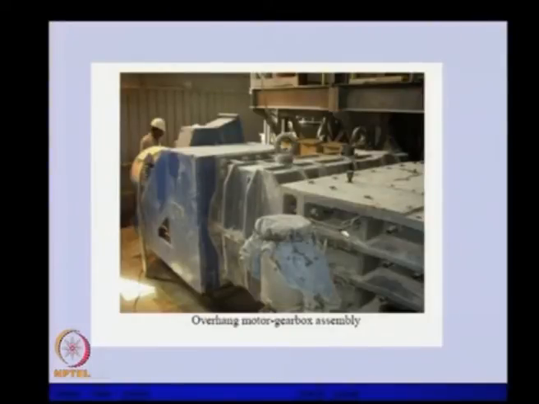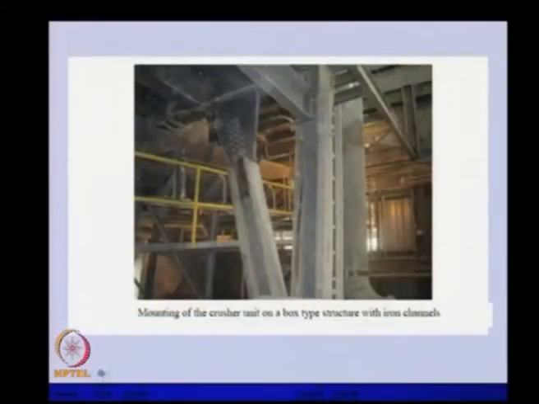Basically, this whole unit was mounted on a platform, kind of on the first floor. So, if we see from the bottom, this was the support to mount that machinery at the top, and they had a lot of vibration in this.